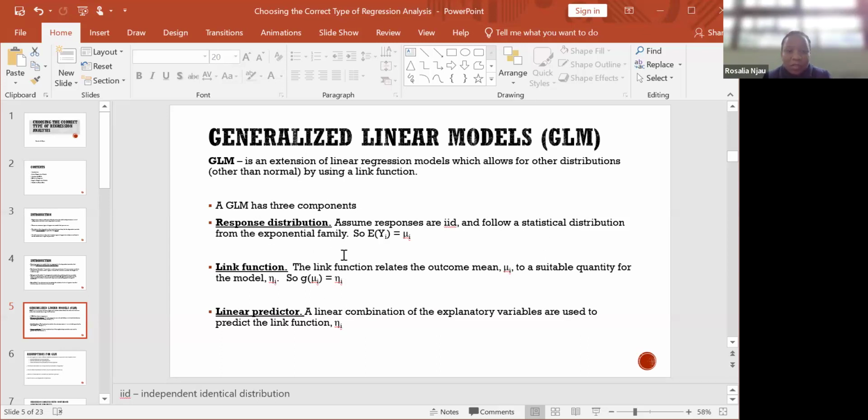As I say, it allows other distributions apart from the normal distribution. And it also uses a link function. The link function relates the outcome mean to a suitable quantity for the model. And it also uses a linear predictor, which is a linear combination of explanatory variables that are used to predict the link function.